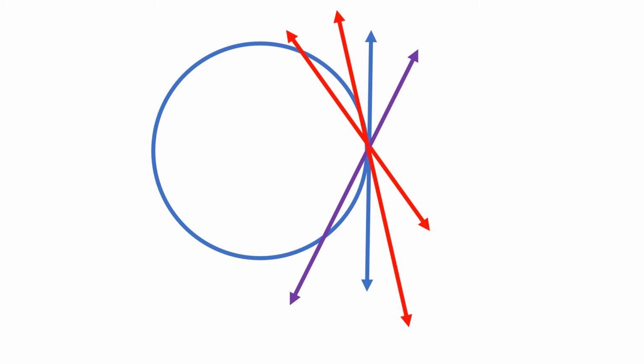That means they all become secants to the circle but not tangents. This shows that at a point we can draw one and only one tangent to a circle.